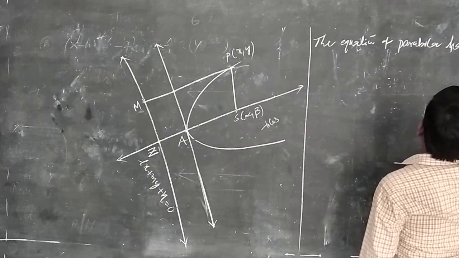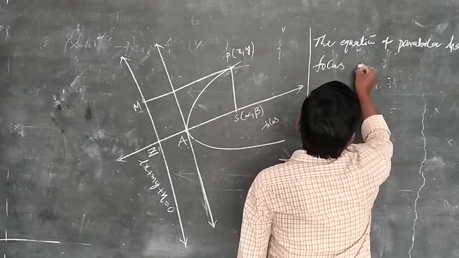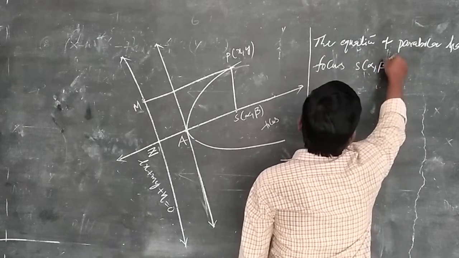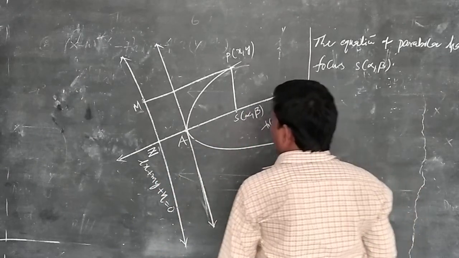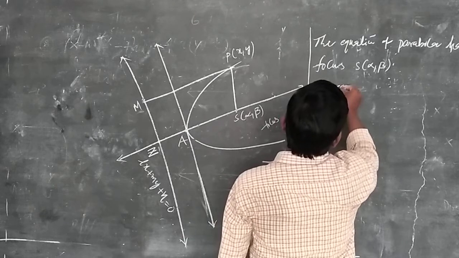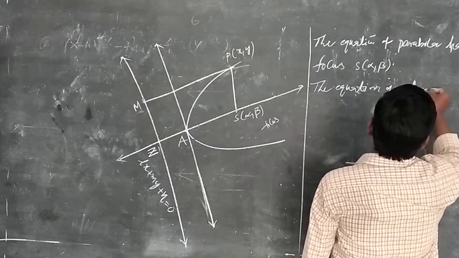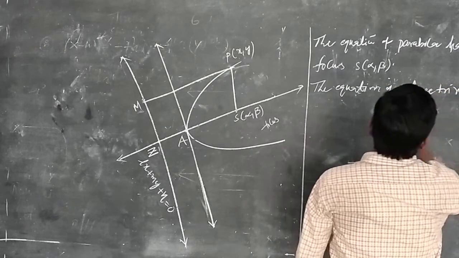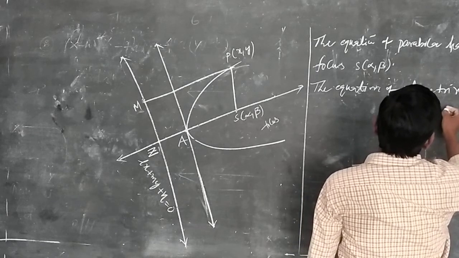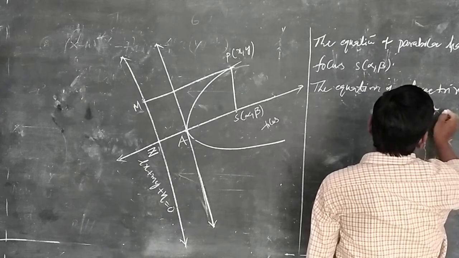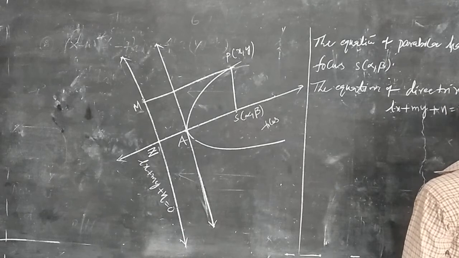The equation of the parabola having the focus S(alpha, beta) and the equation of directrix Lx plus My plus N equal to 0.